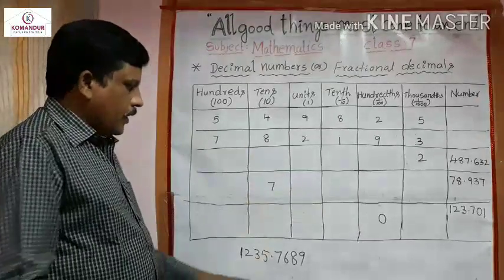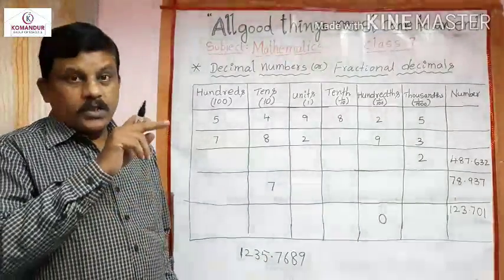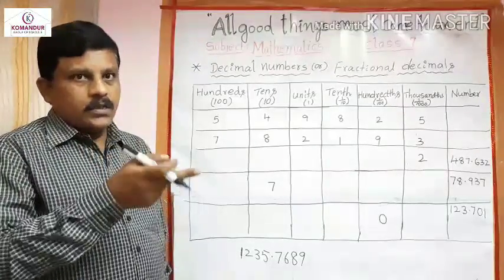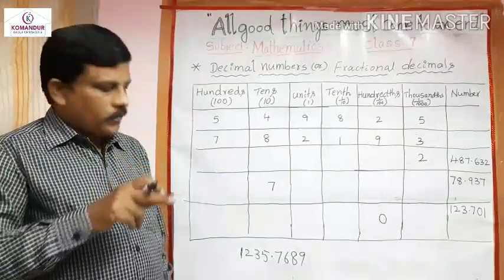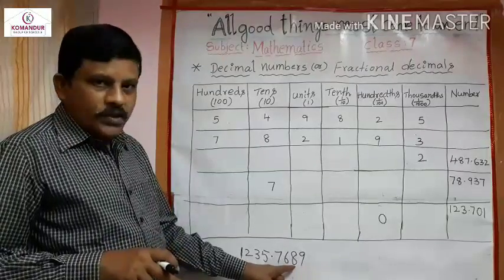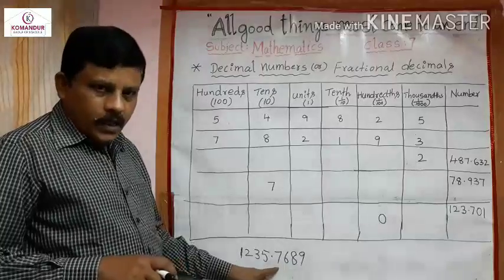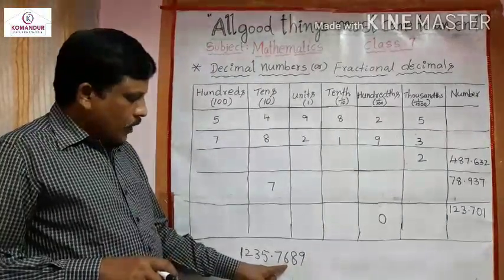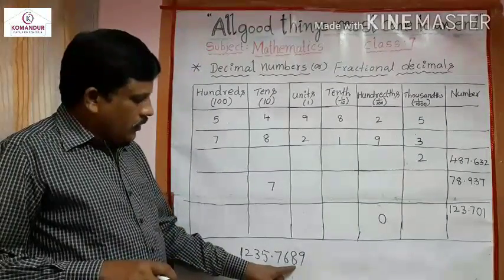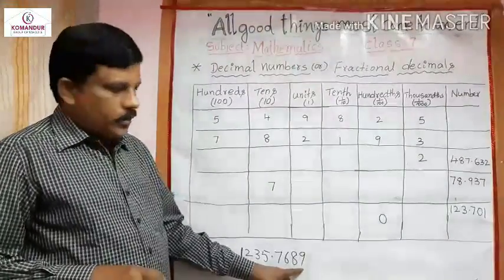On the decimal right side, this one is the tenths place, T-E-N-T-H-S, that is 1 by 10. This is the hundredths place. This is the thousandths place, the ten-thousandths place, like that. This is 1 by 10. This is 1 by 100. This one 1 by 1000. This one 1 by 10,000.